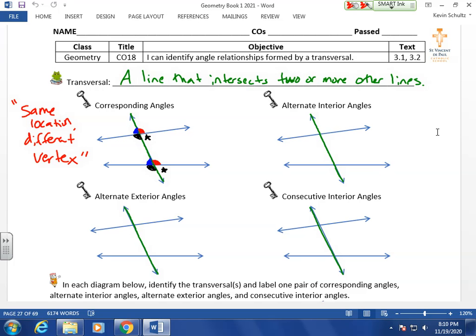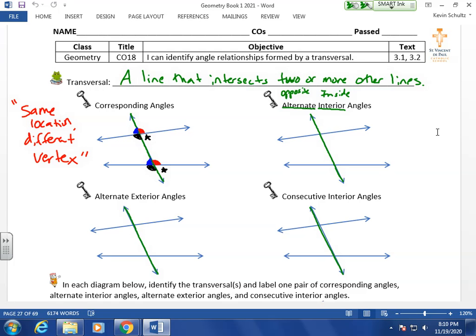Alternate interior angles. Well, the word interior means inside, and the word alternate can, in this context, mean opposite. And what we're talking about here are the opposite sides of the transversal on the inside of our two horizontal lines.